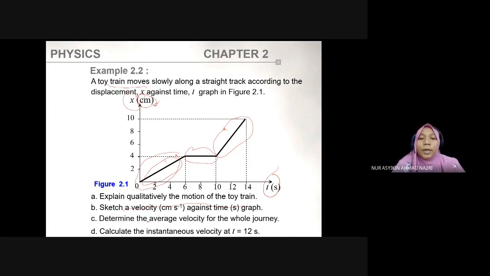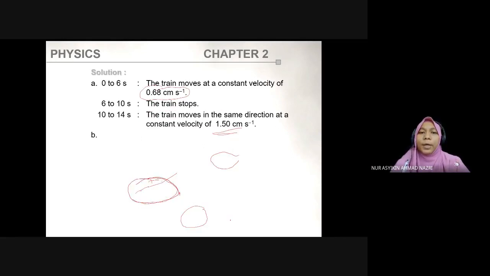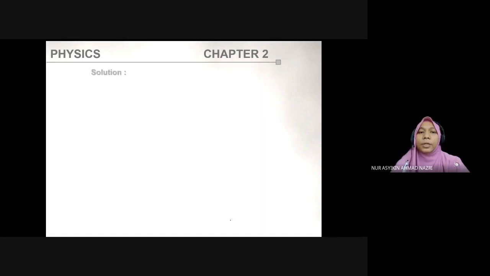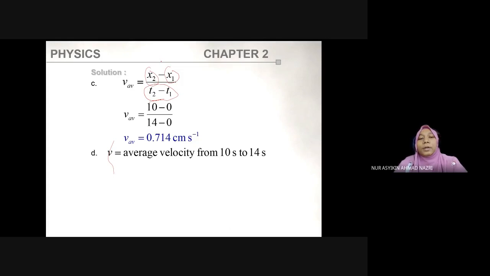When we want the average velocity, we have to consider the whole journey, so we don't want the individual velocities. There were 3 velocities just now. If you remember the equation I showed earlier, to find the average velocity you need to use X2, your final displacement, minus your initial displacement, over the period of time. So we get this average velocity.